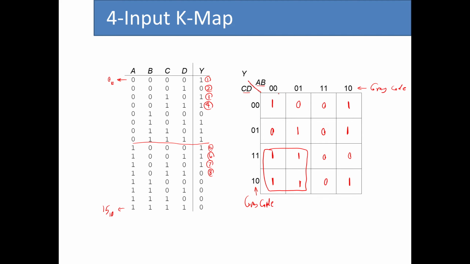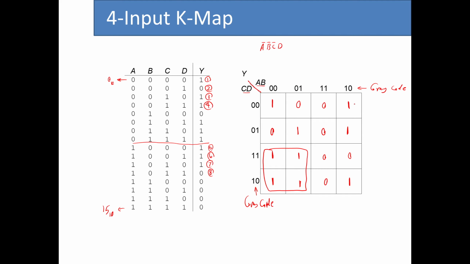What about all these ones at the corners? Are they part of a circle or not? To answer this question, it is beneficial to look at the min terms that represent these four cells. So let me quickly write down the min terms associated with the four cells at the corners. This one is A bar, B bar, C bar, D bar.